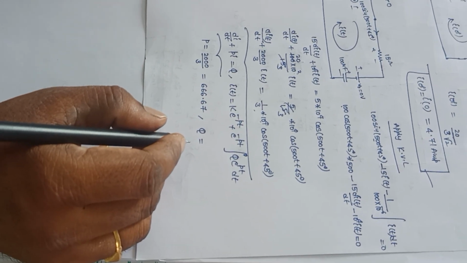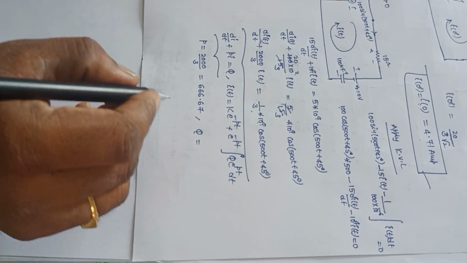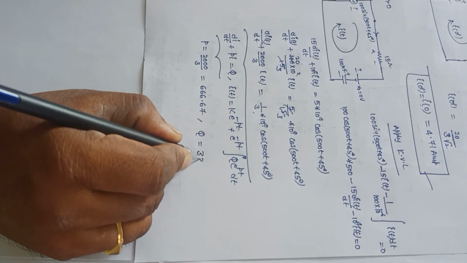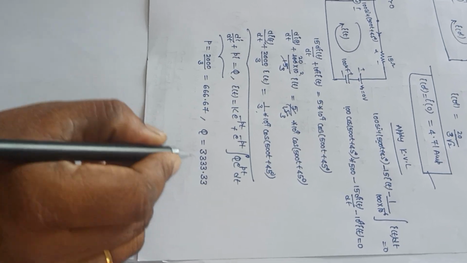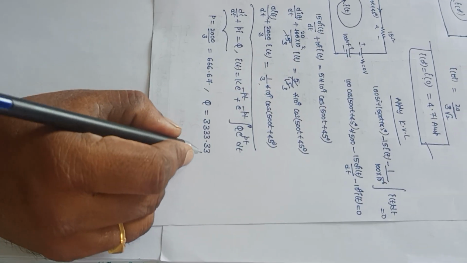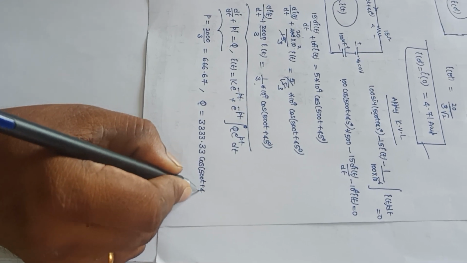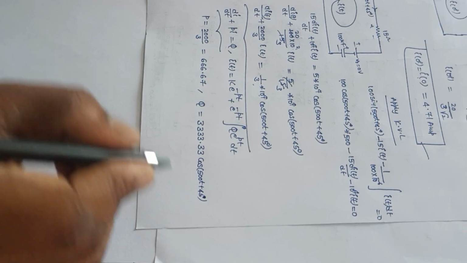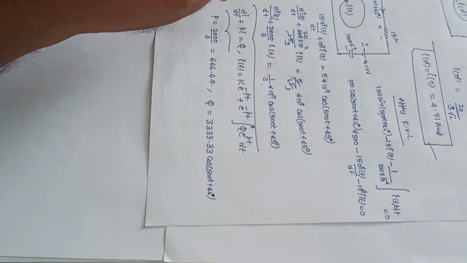If I calculate it, it will become 3333.33 into cos of 500t plus 45. So this is the value of q. Now let us substitute all these values here.